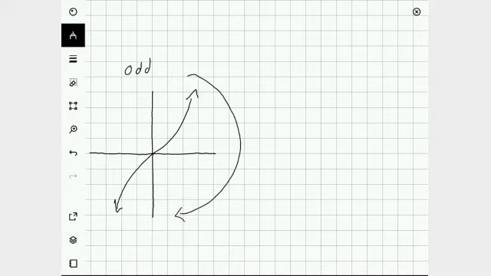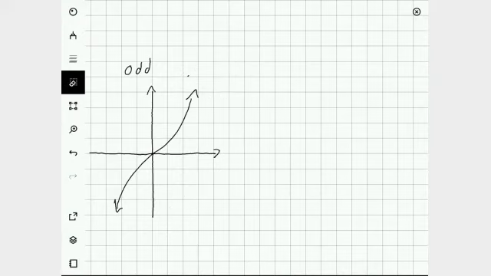Rotate it halfway around so that the positive y-axis is pointing where the negative y-axis is, and the positive x-axis is pointing where the negative x-axis is, then you will see the same picture. That's what we're talking about when we say symmetry about the origin, when we say odd functions.